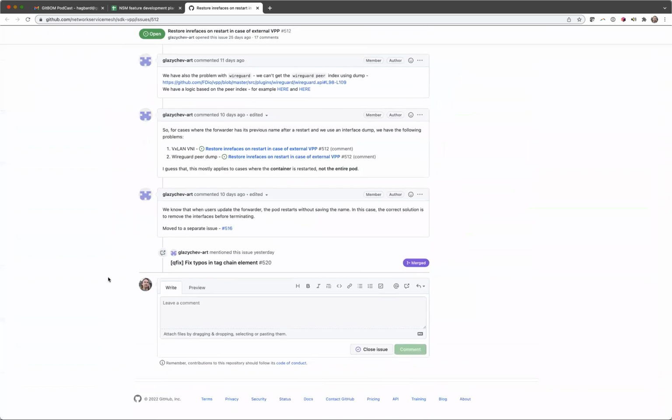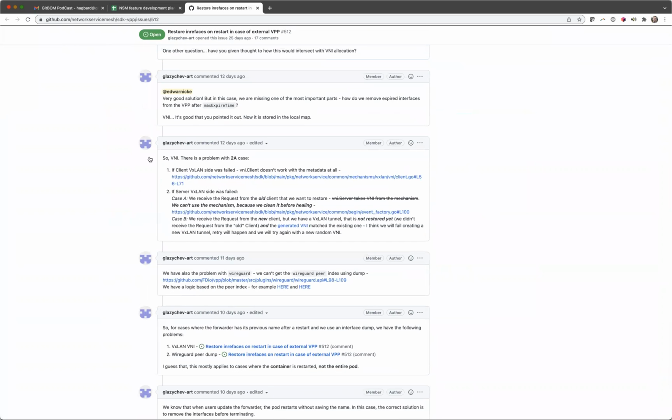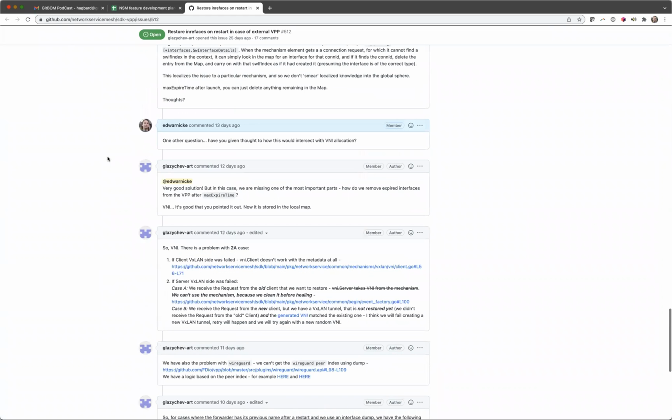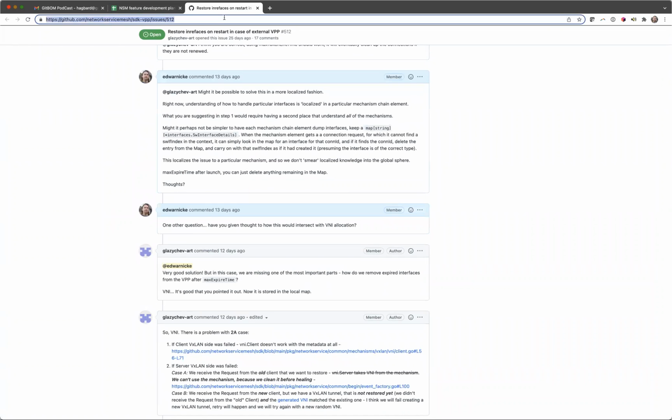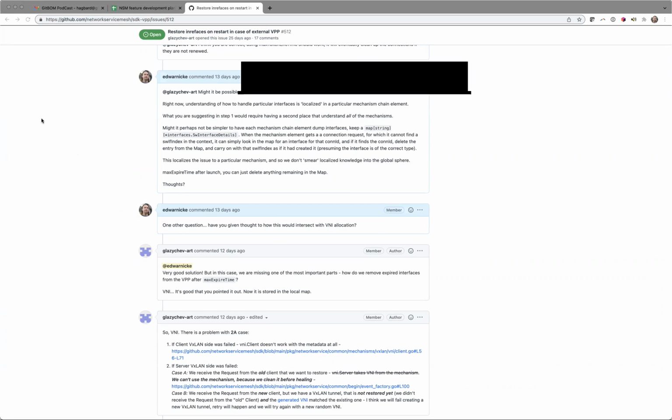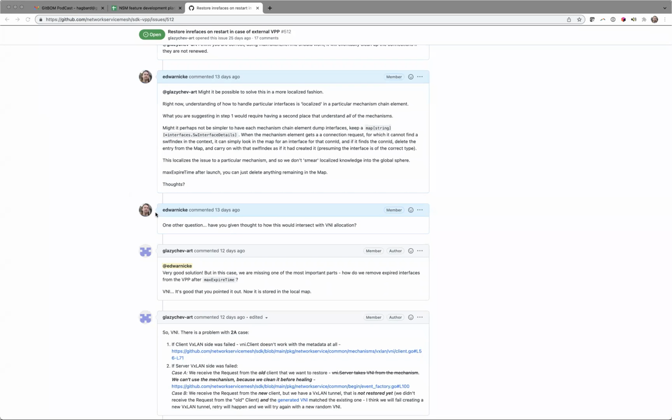Let me take a quick look. Yes, I know where we stand on this. You provided lots of excellent feedback I have to go respond to. So yeah, this problem was related to when forwarder restarts and it has the same name. There is a couple of problems here.